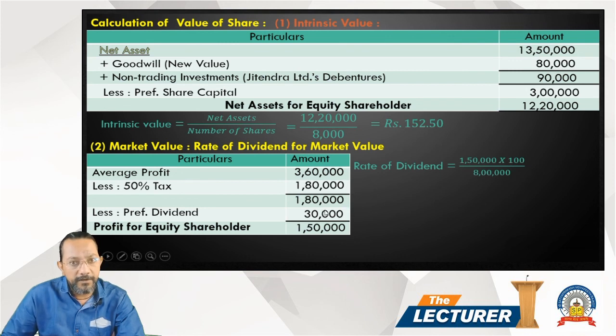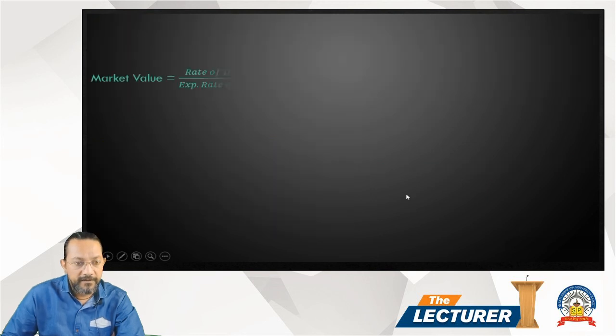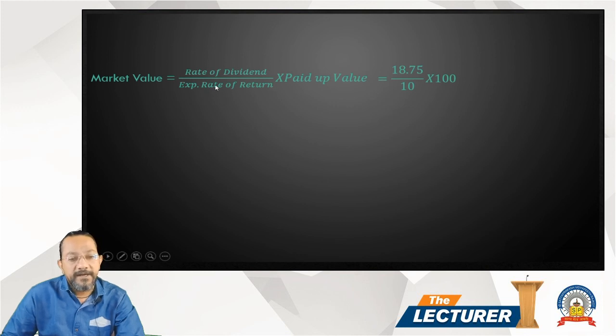Yield means earning. The rate of dividend is 18.75. Market value is rate of dividend divided by expected rate of return into paid up value. So 18.75 is the rate of dividend, expected rate of return 10, into 100 paid up value. So we get 187.5. This is the market value of equity shares.